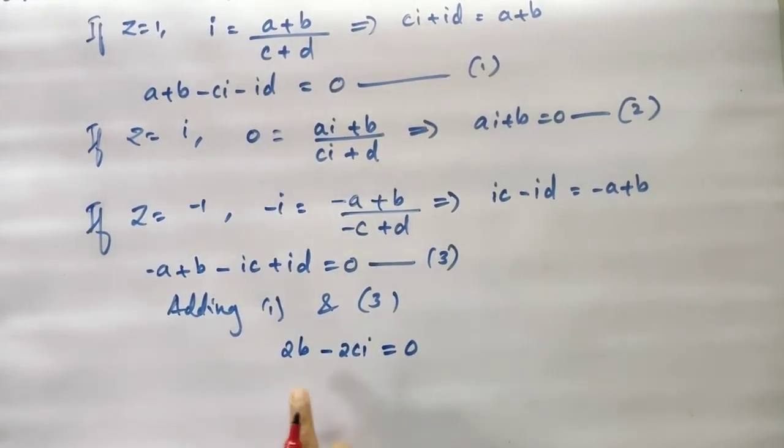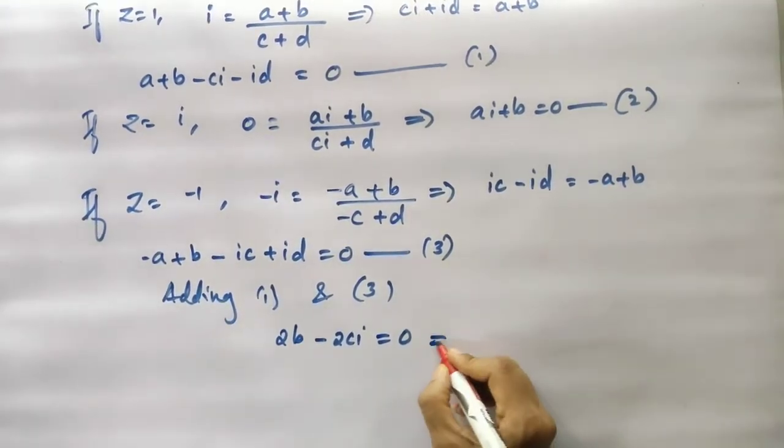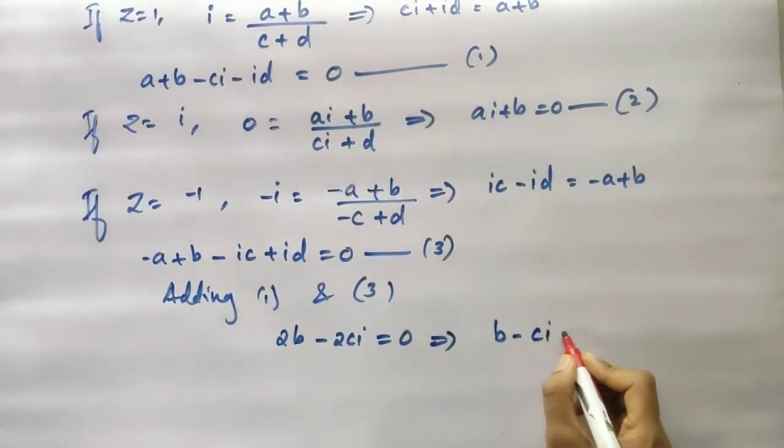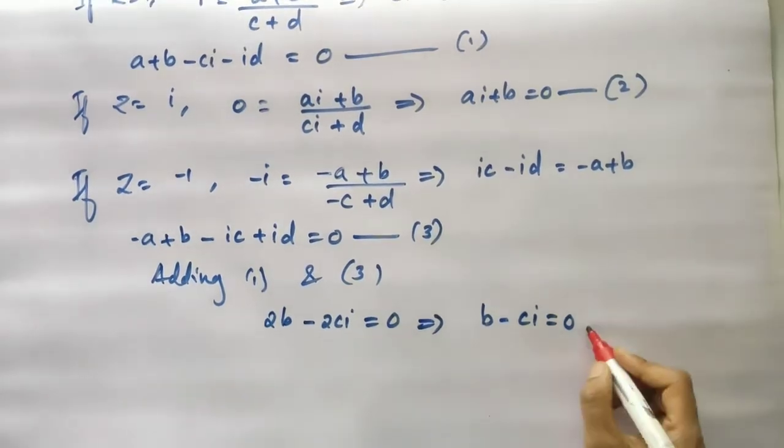So that gets cancelled and you have only this. If you simplify further, it will be b minus ci is equal to 0. Call this equation 4.